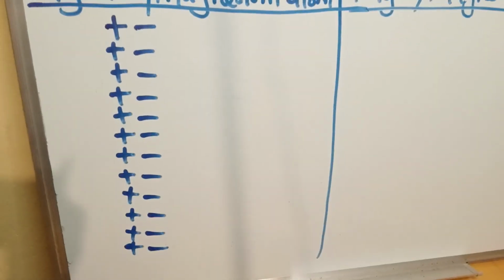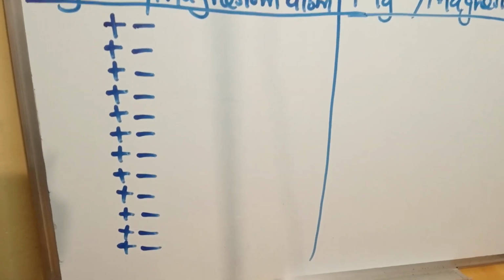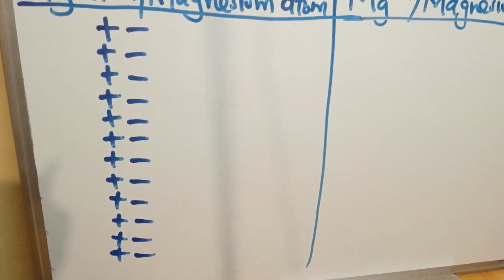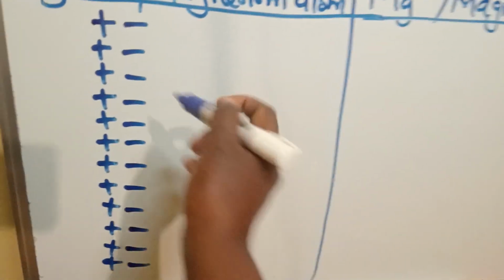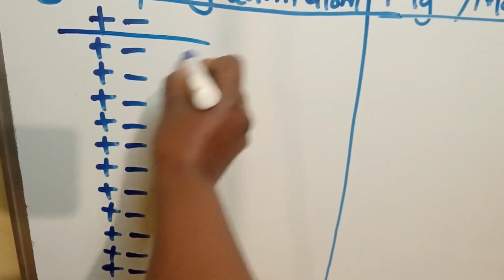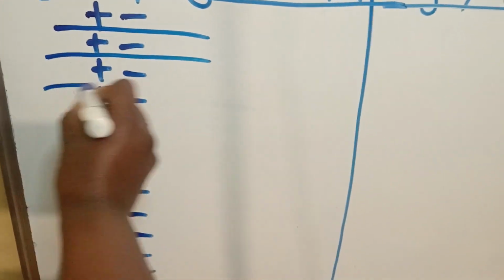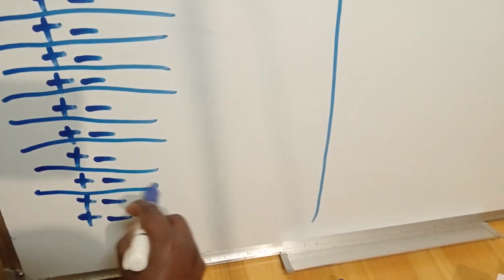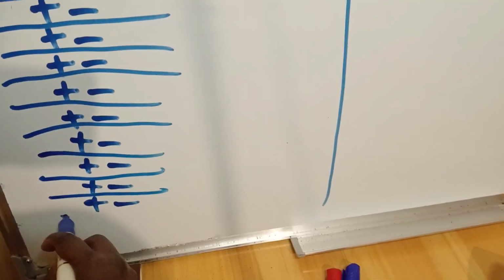They are supposed to be 12 positives and 12 negatives, and they are supposed to be on the same line. If you draw a horizontal line, both the positive and the negative should be on one line for easy counting, so that none of them is in excess of the other.